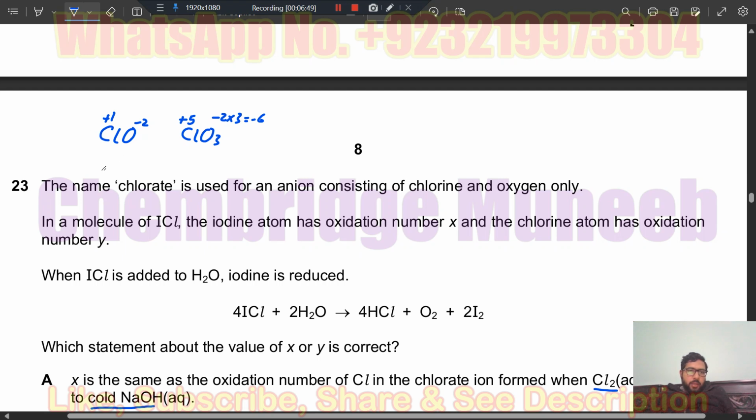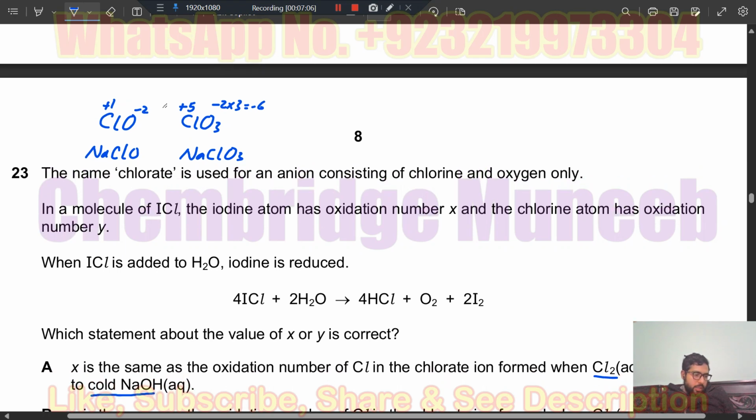That's why the formulas are NaClO and NaClO3, and in them we get the neutral form of both compounds. Now we have found the oxidation state of chlorine in ClO and ClO3.